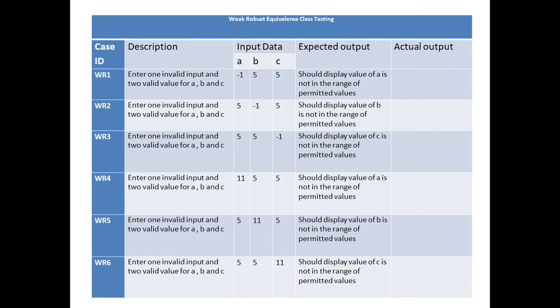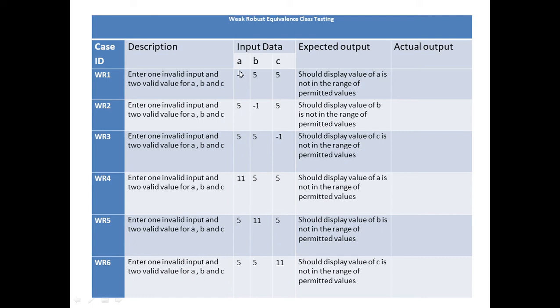Invalid value in the sense, as we have set the boundary for the three sides of the triangle from 1 to 10, the value which is below 1 and the value which is greater than 10 will be the invalid values for the inputs. With respect to that, WR1, that is weak robust 1.